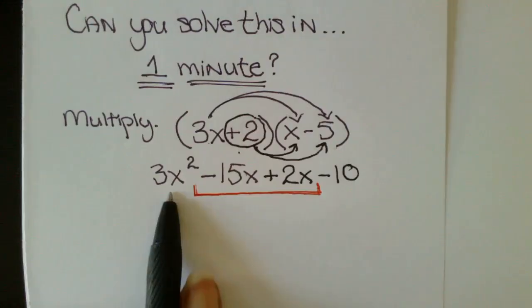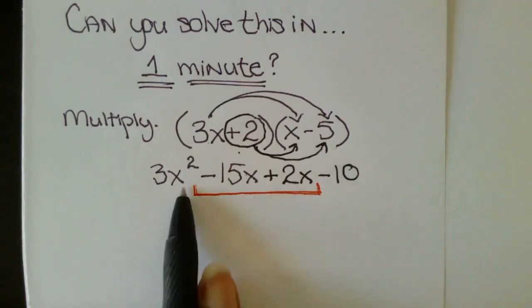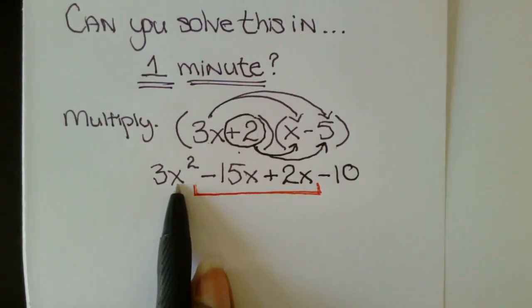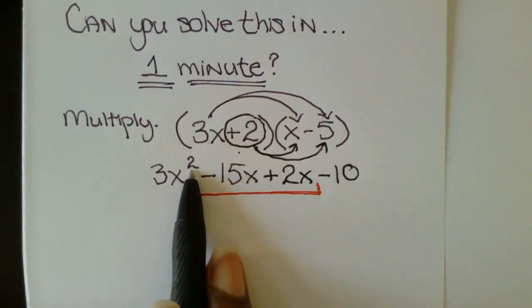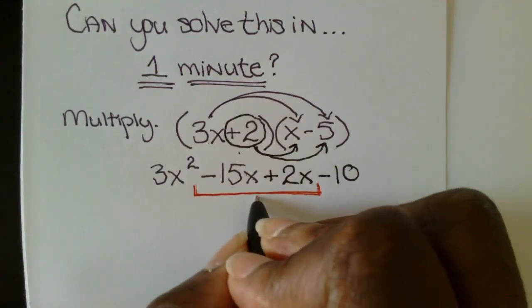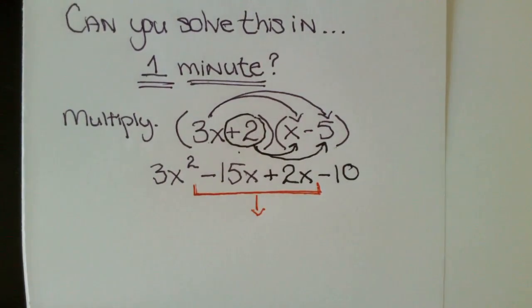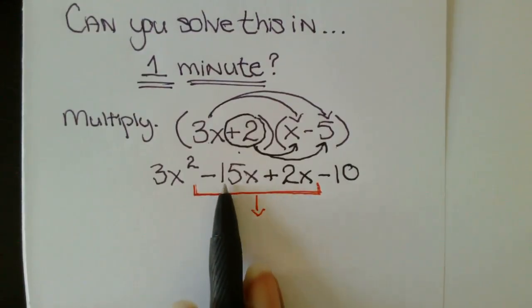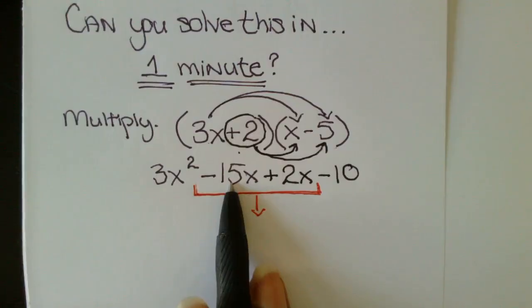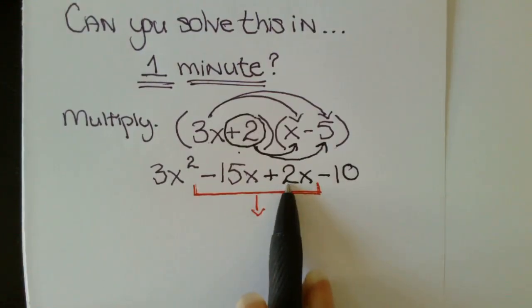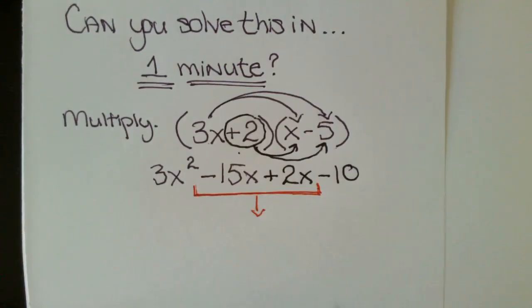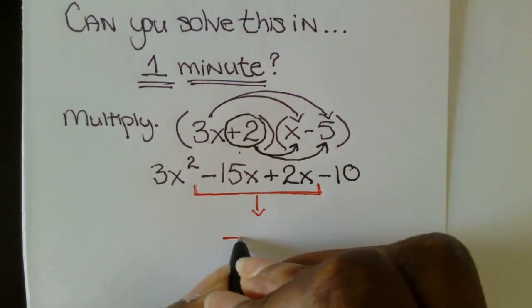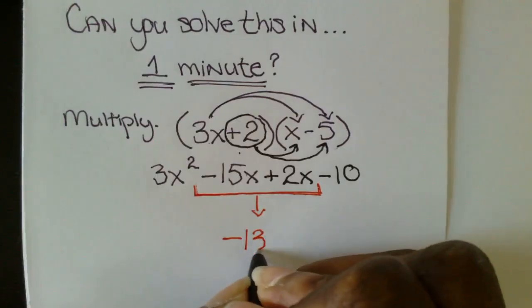We cannot add it with the 3x squared because, yeah, it has the same variable, but not the same degree measure, which is the squared. So, negative 15 plus 2. If you owe me $15, but then you gave me 2, which is a good thing, very positive, but guess what? You still owe me $13.